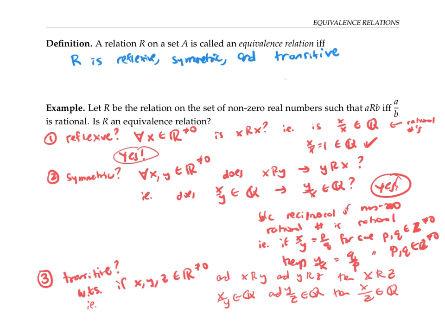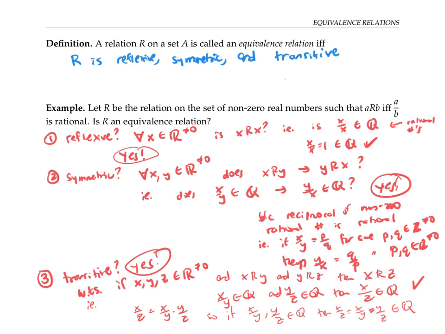Well, this is true because x over z is equal to x over y times y over z. So if x over y and y over z are rational, then their product is also rational, since the product of two rational numbers is rational. So we've shown that this relation is reflexive, symmetric, and transitive, and therefore it is an equivalence relation.